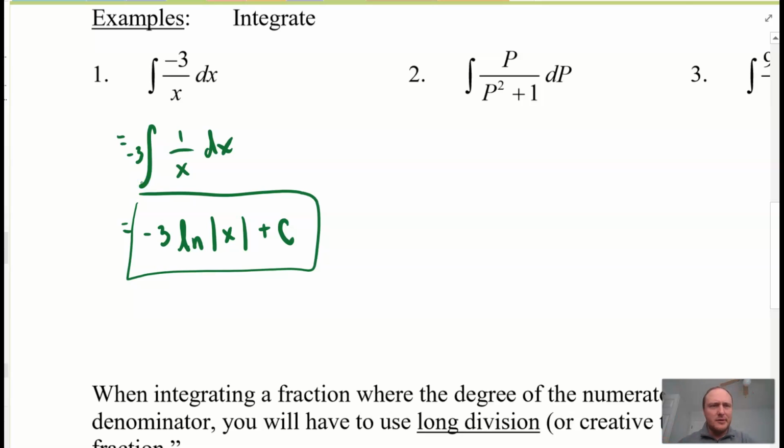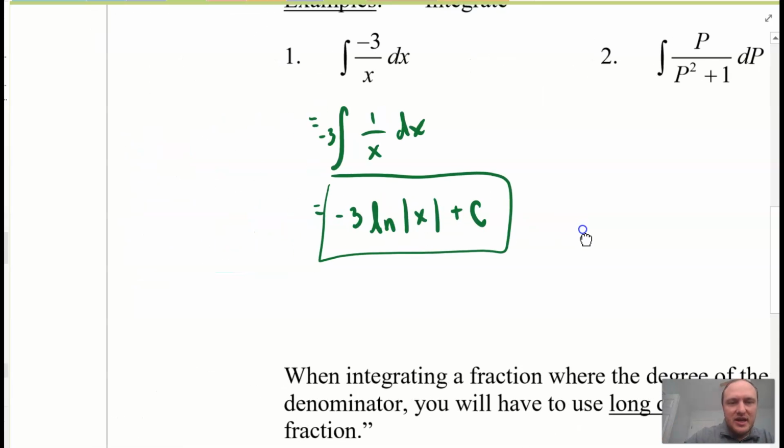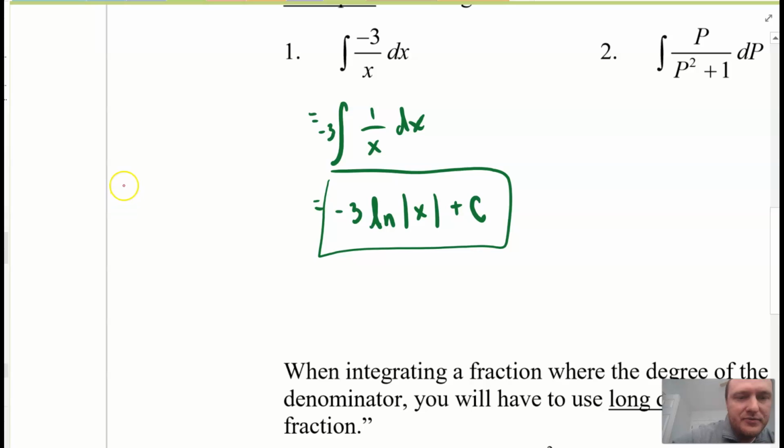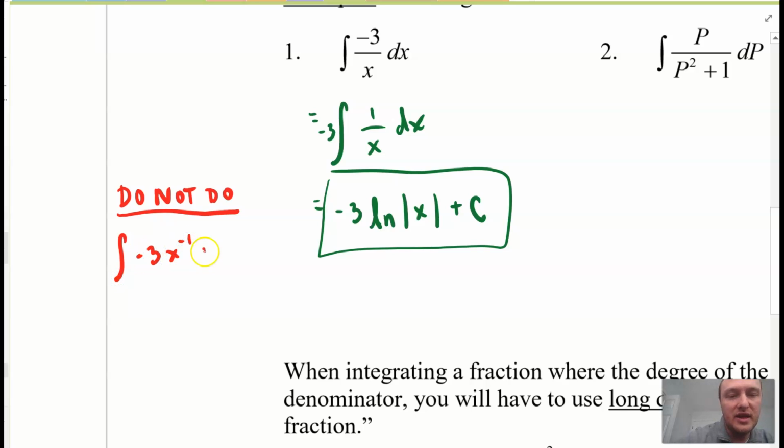I want to point out, and I'm going to put this in red, over here off to the side, do not do. Maybe you're asking yourself, why am I not rewriting this as -3x to the power of -1 dx? Well, if you did, and you are using the power rule, you would have -3.